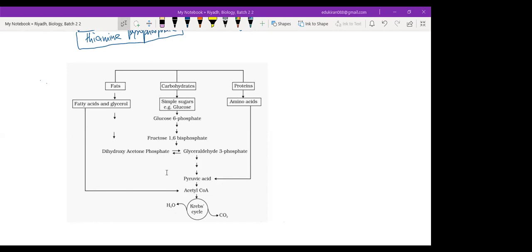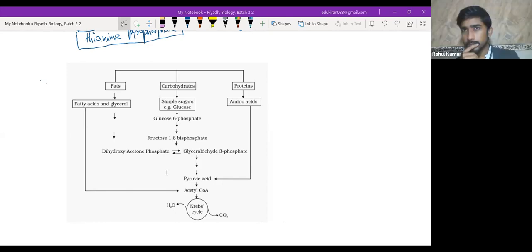And then the third point, we can go to the type of phosphorylations that are happening. So in aerobic respiration, what happens? Both substrate level phosphorylation and oxidative phosphorylation happen, right? Substrate level in glycolysis and oxidative in the Krebs cycle and electron transport chain, correct? The third type of phosphorylation is photophosphorylation, which only happens in photosynthesis. Is it clear?